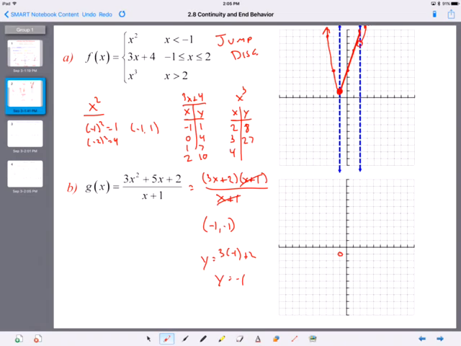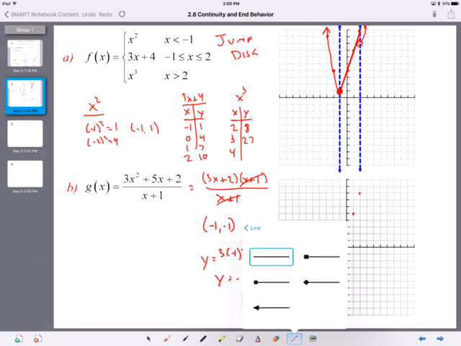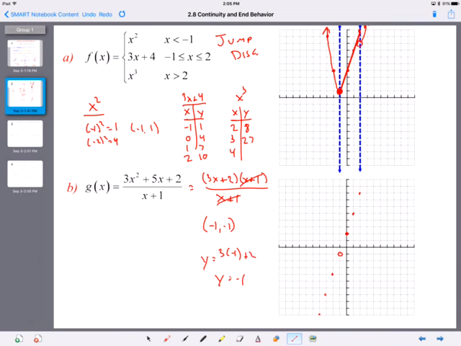It has a slope of 3, so up 3 over 1, and that's the y-intercept. Up 3 over 1, and we'll just kind of continue this. A couple more points. Down 3 to the left 1. And so now, we'll start here.